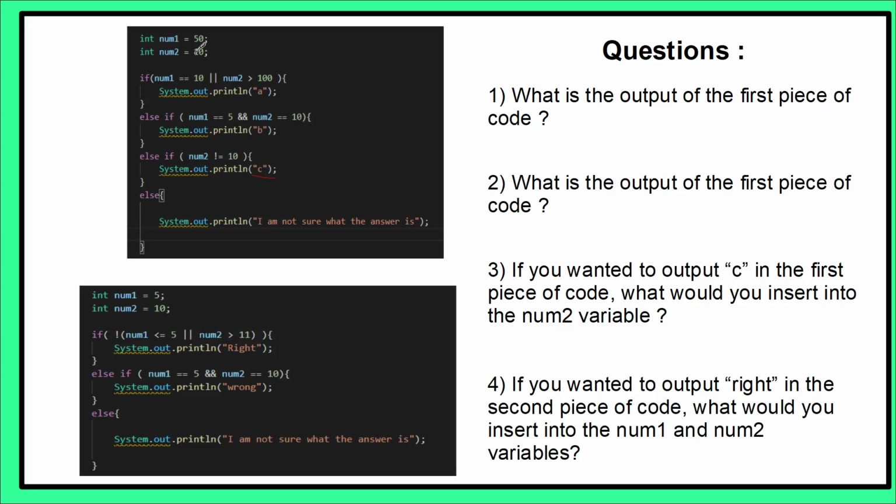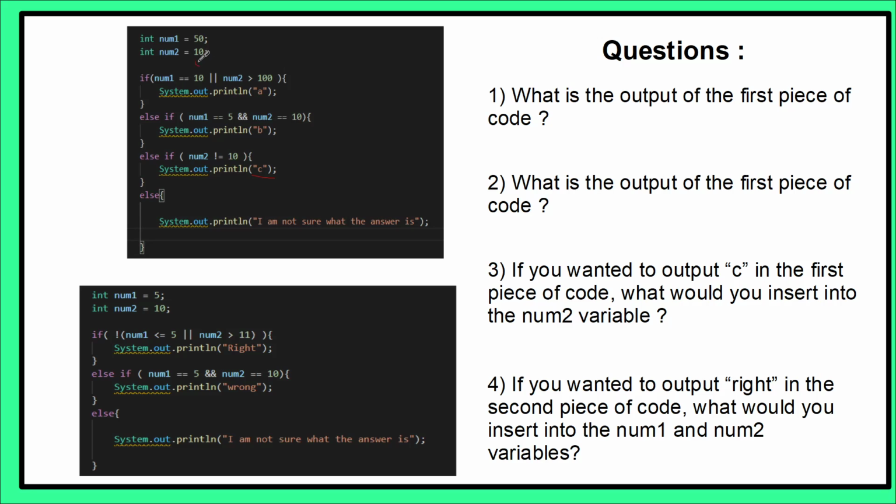So anything here, instead of 10, any other number would allow us to print out C, as long as it doesn't match up with any of these 2 things. So it can't be greater than 100. So as long as it's not 10 and it's below 100, it is okay.